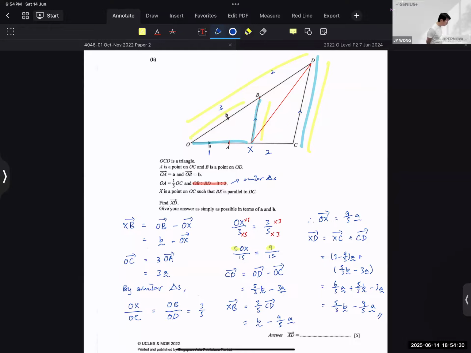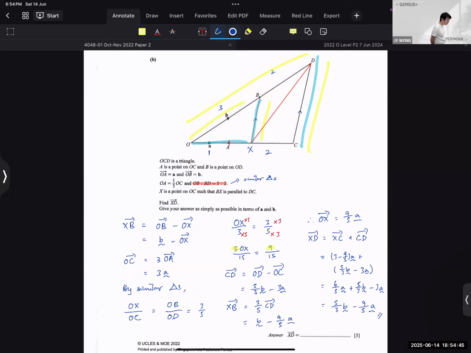And we can find CD by using OD minus OC. Right? So once you find CD, you know the ratio that XB needs to be is 3 out of 5, and that's how you find XB.